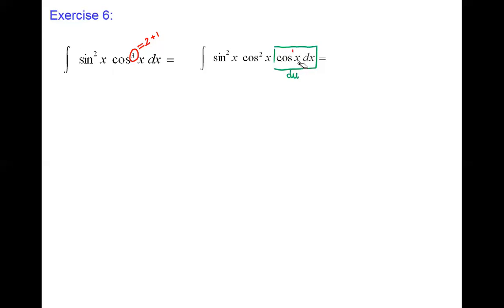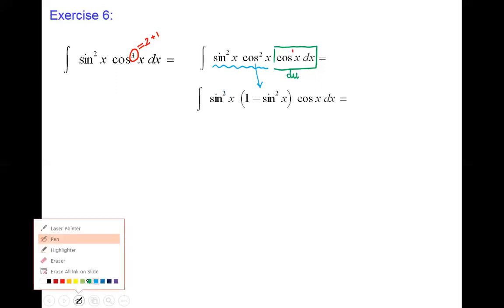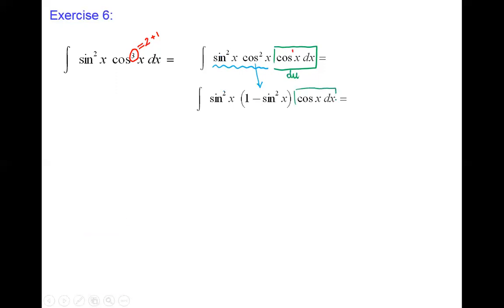I will apply the u substitution, and I want this to be du, which means the rest of the integrand must be rewritten in terms of sine. The entire blue part must be in terms of sine, because I will let u be sine of x. Of course, sine square of x is fine, and cosine square of x, we remember from the first slide, Pythagorean identity, is simply 1 minus sine square of x. And still not touching cosine of x dx.